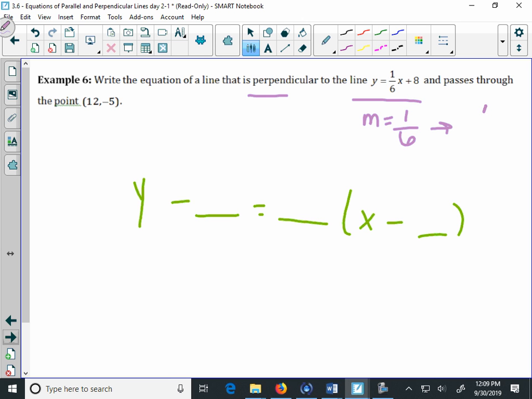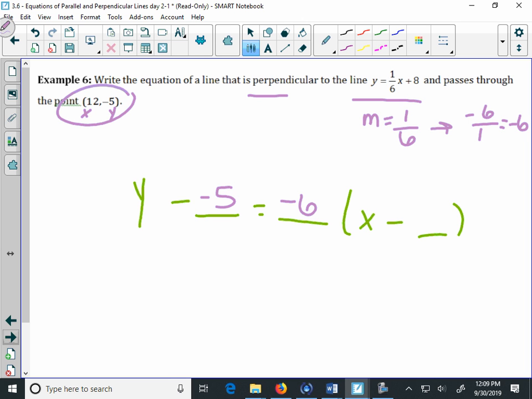So when I flip 1/6, I get 6/1. The original is positive, the new one's going to be negative. And you can just write it as -6. If you leave it as -6/1, that's fine. So that's our slope. Once we plug in our slope, plug in your point. X and Y. What's going to go in this first spot? -5.